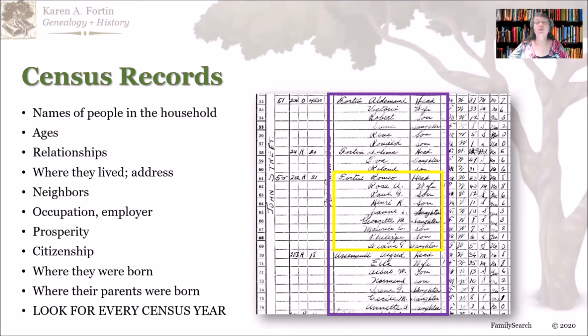The second household was his widowed mother and two of his unmarried siblings. Even the household below him is one of his married sisters and her family. It's always a good idea to look at everybody else who's on that page, and often on the page both before and after, in order to see if other family members or associates live nearby.